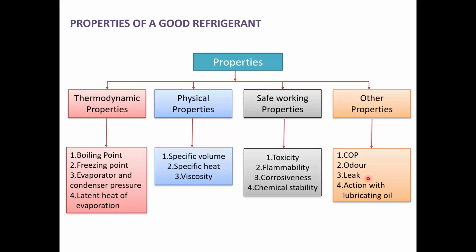Third, leakage test. The refrigerant must be such that any leakage can be detected by simple tests. Fourth, action with the lubricating oil. The refrigerant must not react with the lubricating oil used in lubricating parts of the compressor.